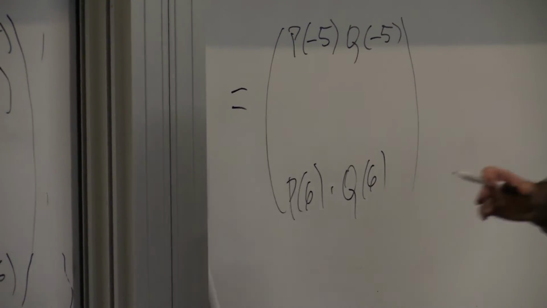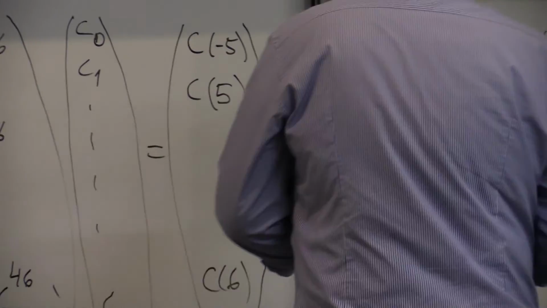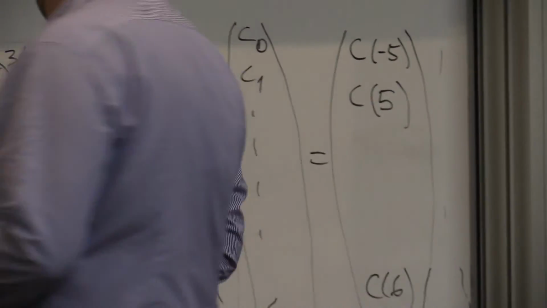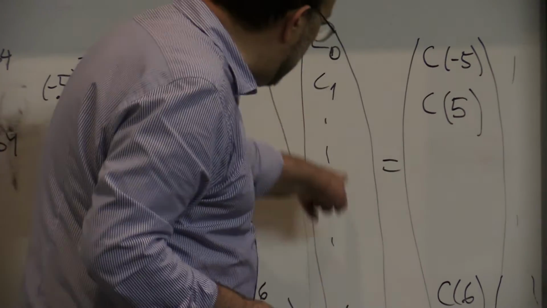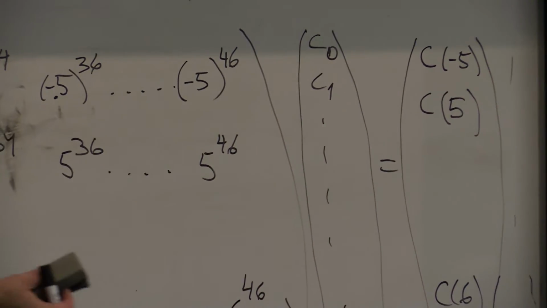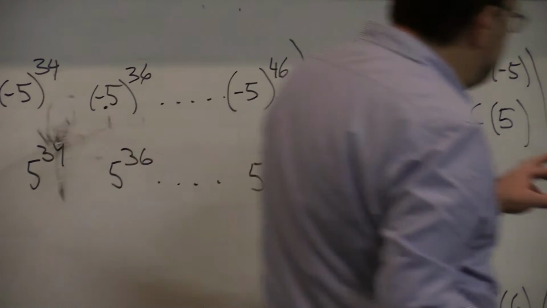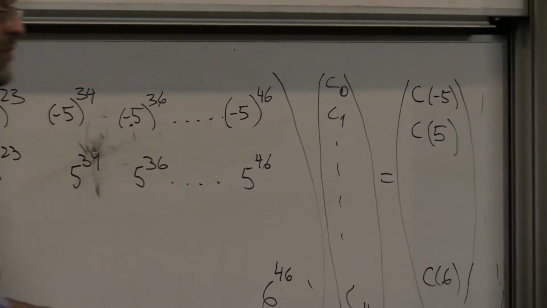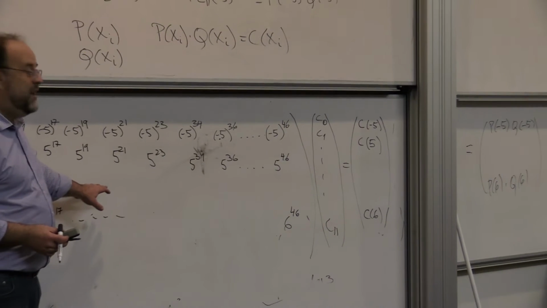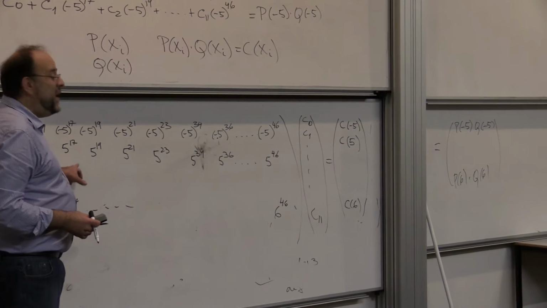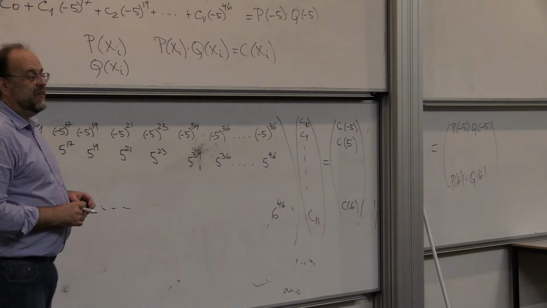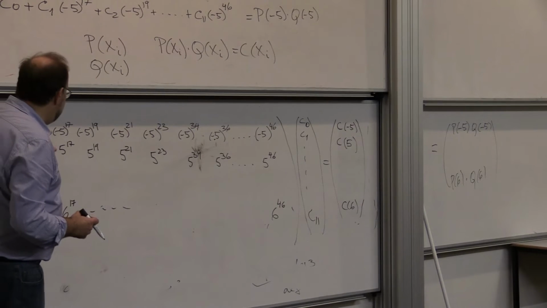Okay, so now we have 12 values here, but we would like to get the coefficients, so what do we have to do? We have to multiply these by the inverse of this matrix. But the problem is that this matrix doesn't have an inverse, because its determinant is 0.